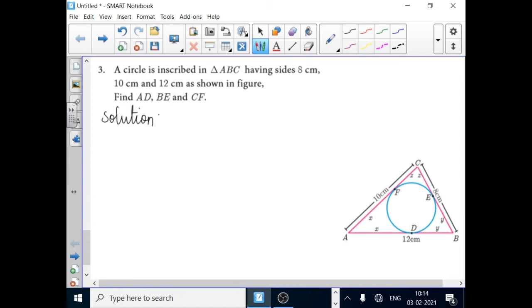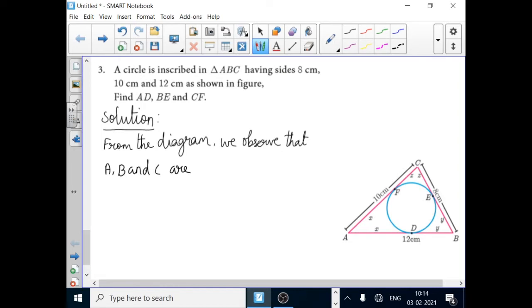Solution. From the diagram we observe that A, B and C are exterior points to the given circle.